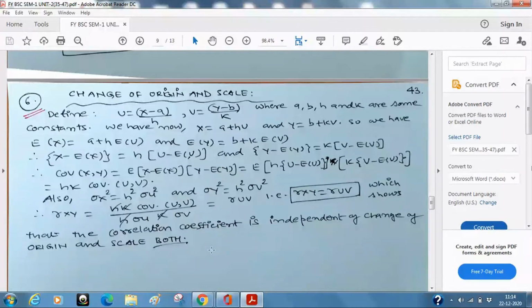You will realize it when you have bivariate data in thousands and you are asked to calculate the correlation using a calculator, not Excel. Even in Excel you can do it, but the idea here is that it simplifies my calculation to a great extent. And once again I repeat, that is the philosophy behind the change of origin and scale.